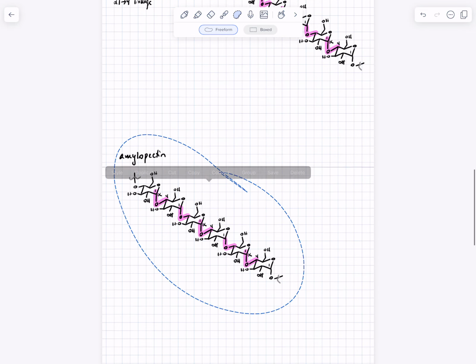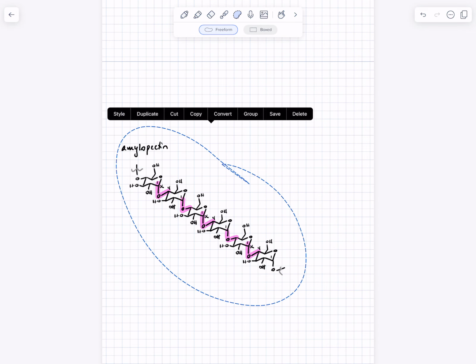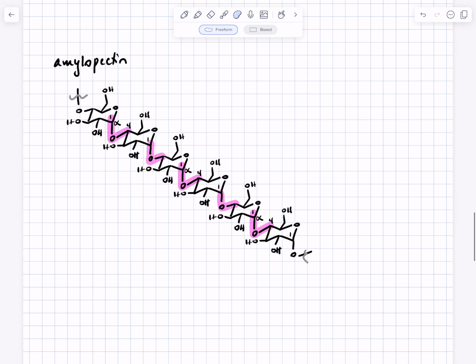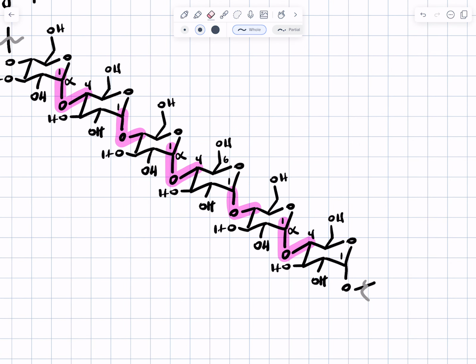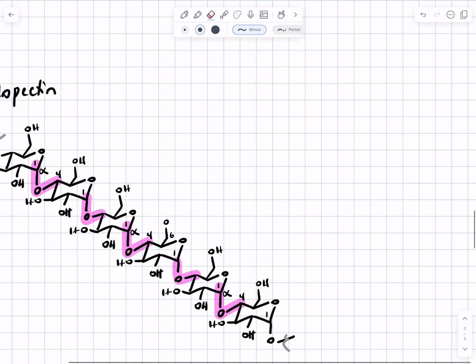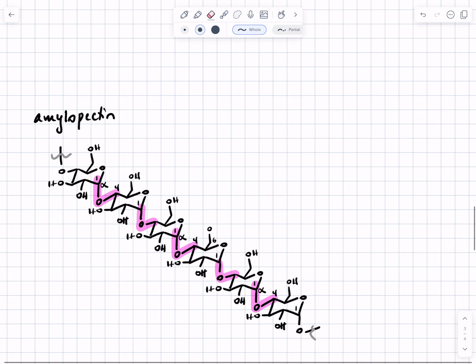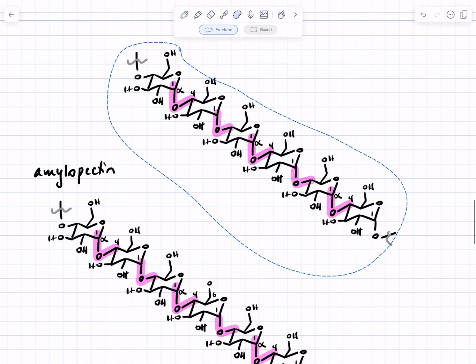I'm going to need more space, so we're just going to scroll down. Here's amylose, and we're going to take the C6 hydroxyl of one of them, and we're going to make an alpha 1,6 glycosidic linkage with that C6 hydroxyl. So we'll take another chain.